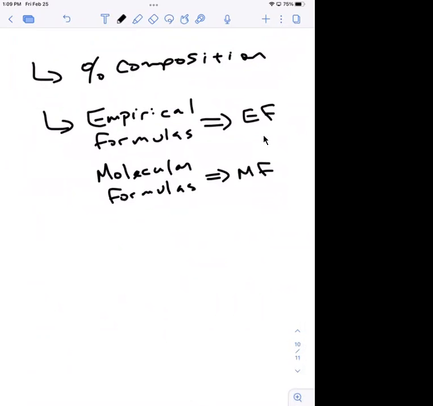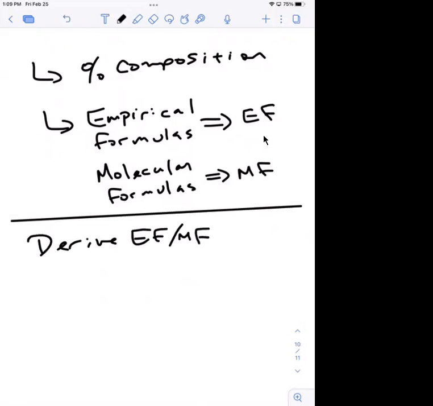But the way we derive it is based on needing some information. We can't just derive it out of the blue. So a lot of times we derive the empirical and molecular formulas from percent composition data.